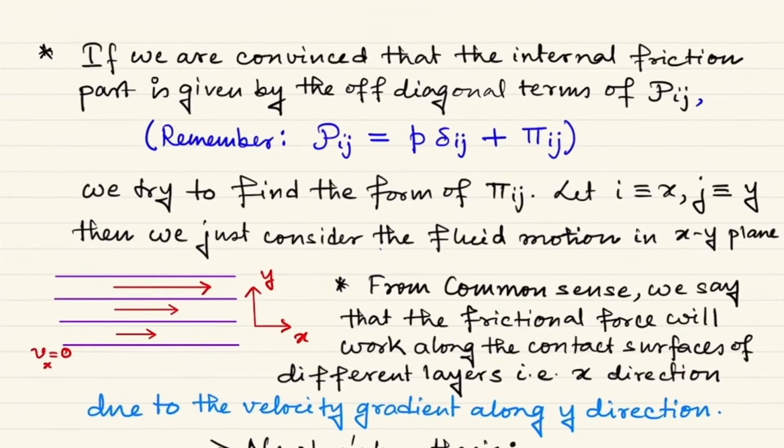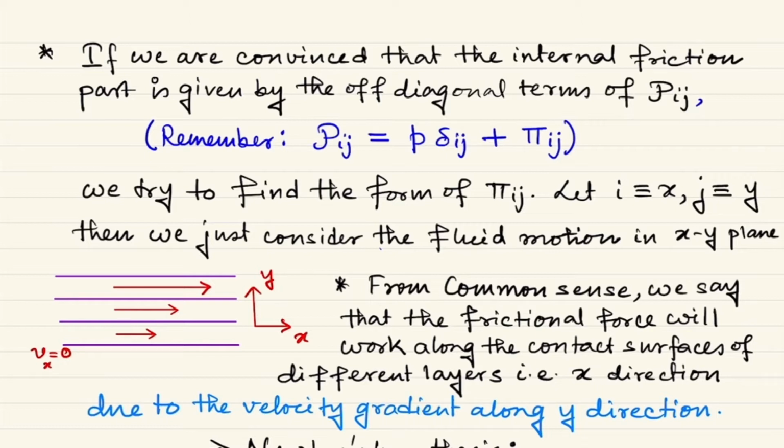Now, in our everyday experience, it is true that the internal friction of a fluid, or viscous effect, is something which always tries to prevent the development of a velocity gradient. Okay, now we try to understand this much more schematically and systematically.